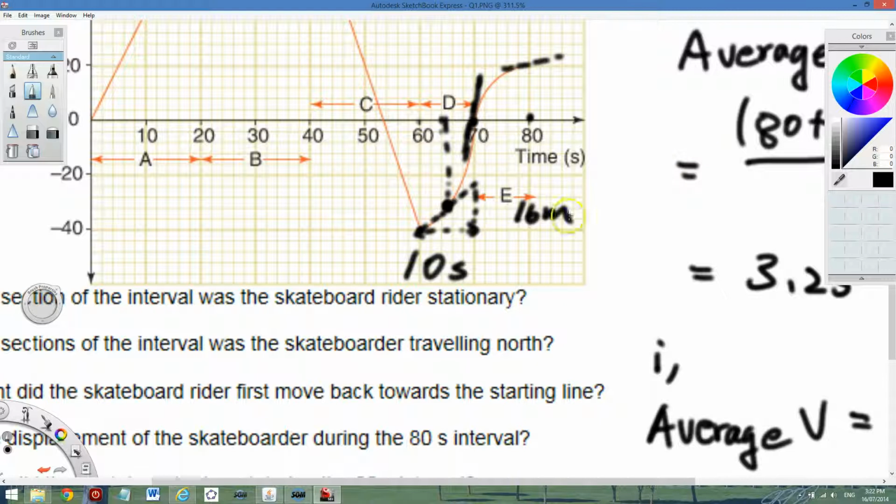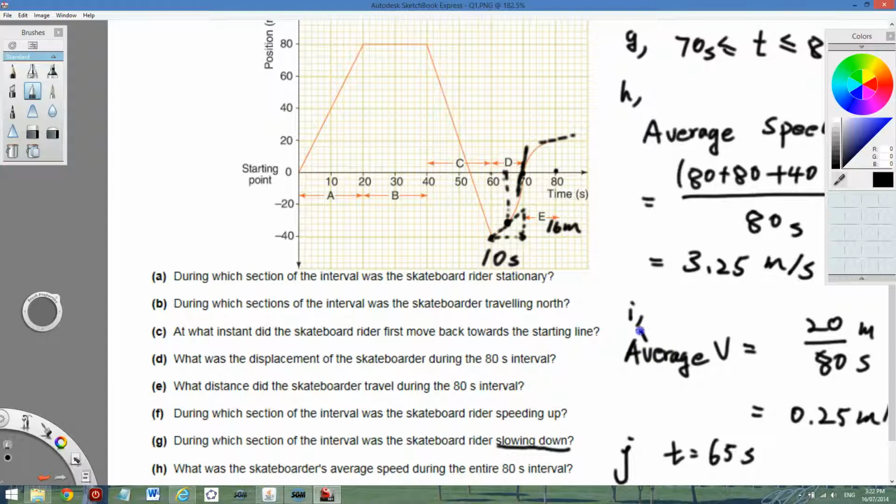So if I try to find the gradient, it will be rise over run, the vertical divided by the horizontal.